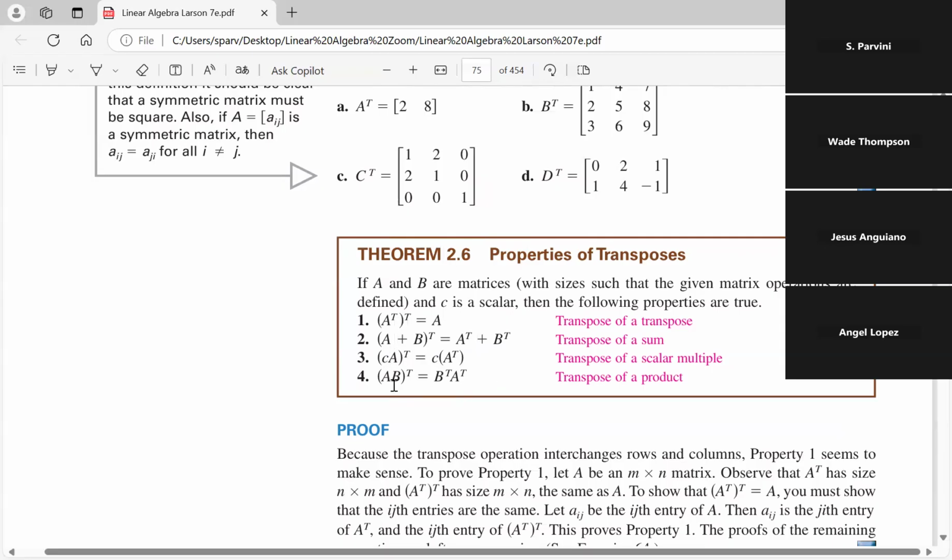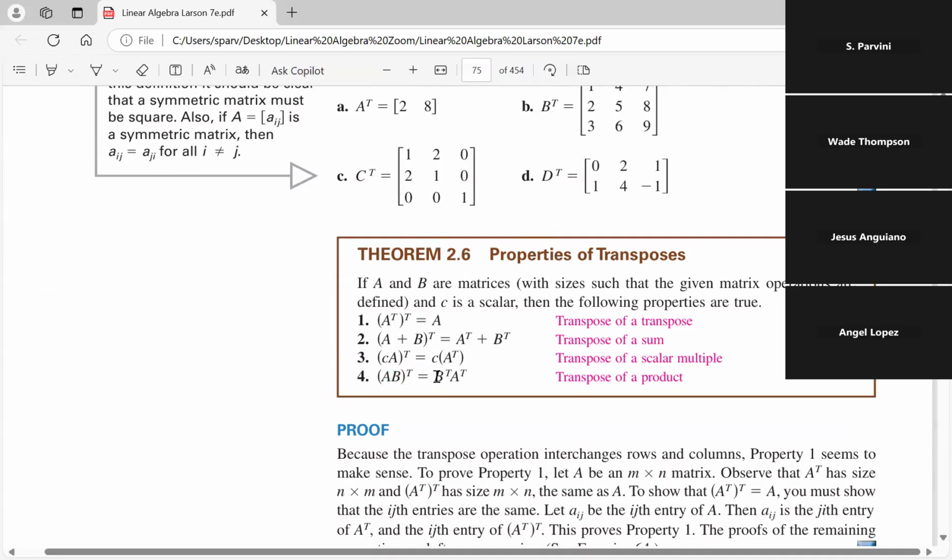And number 4, this one we'll use later. A times B transpose is not A transpose, B transpose. See number 2, A plus B transpose. Isn't that A transpose plus B transpose, sum? It doesn't work for the product. AB transpose is not A transpose, B transpose.